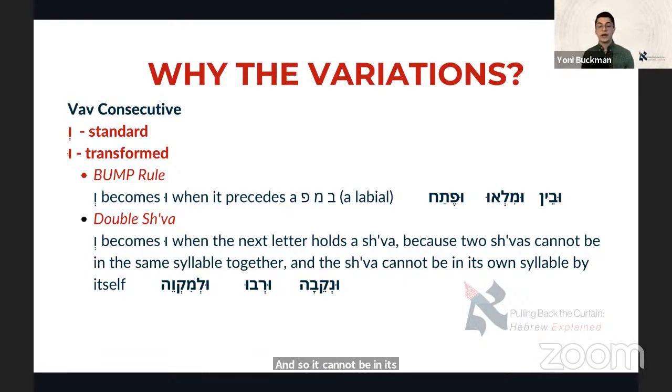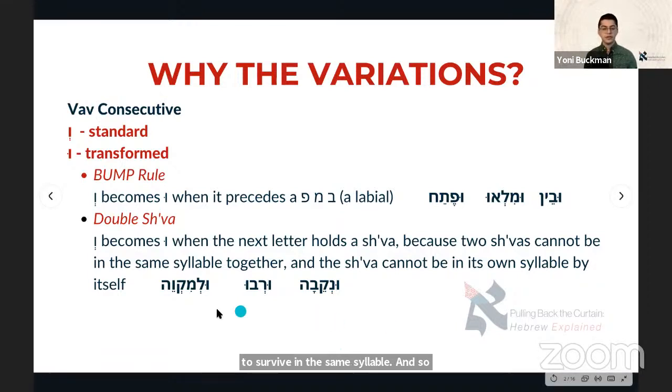It's either not a sound or it makes an i, like in the word "bit," and that's just not a very strong sound. It's not a true vowel. Remember, syllables are defined by having one vowel. Because it's not a real vowel, it cannot be in its own syllable, and you cannot have two shvas in the same syllable.